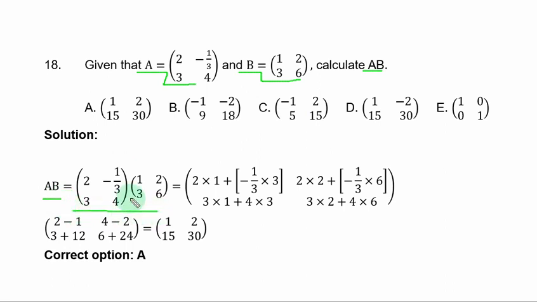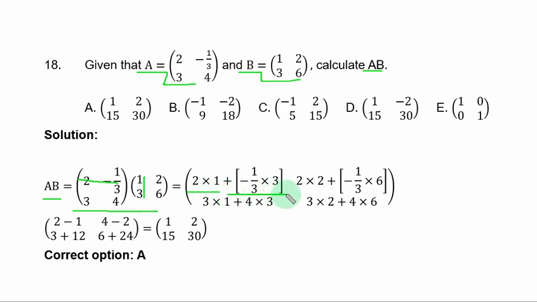When you are multiplying, you take the first row of the first matrix times the first column of the second matrix. You do that element by element. That is 2 times 1 plus minus 1 over 3 times 3.